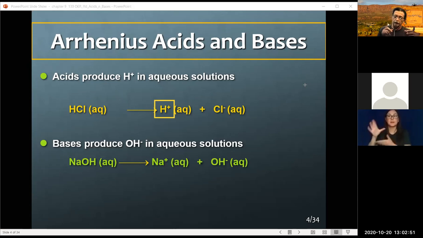That 1s orbital is missing one electron, so there's room for one more. It's very unique of hydrogen to be able to act both as a cation and as an anion.